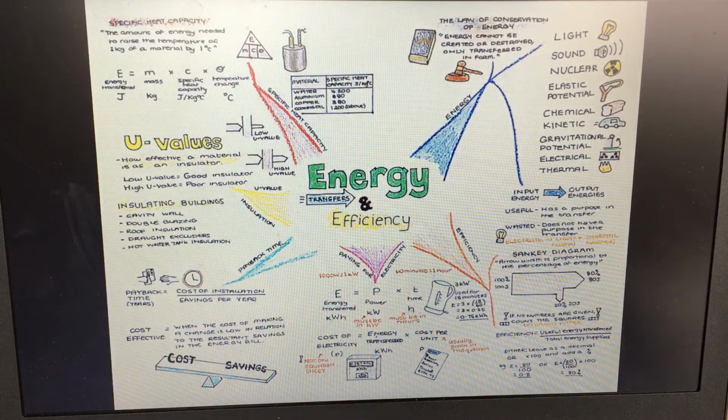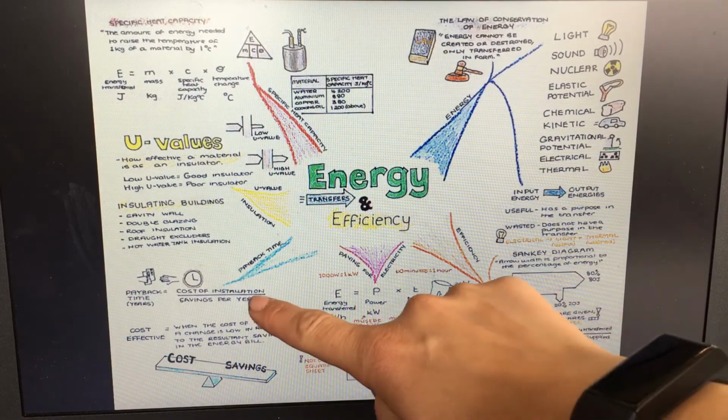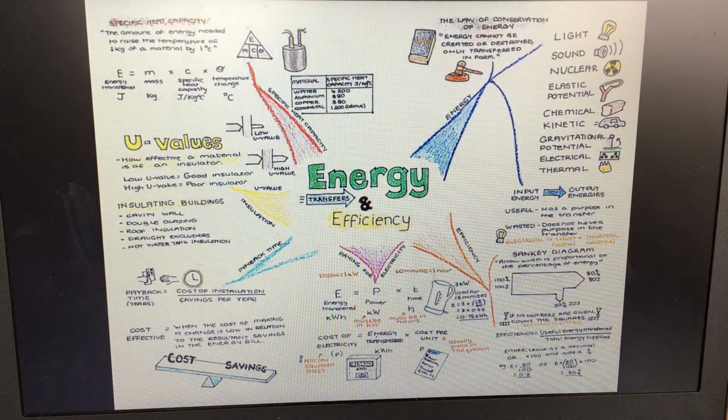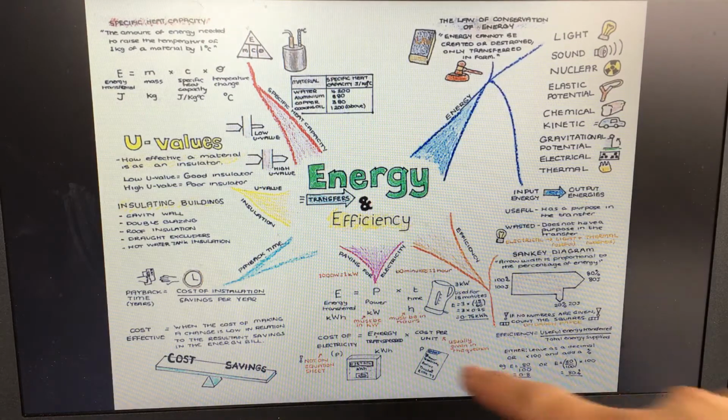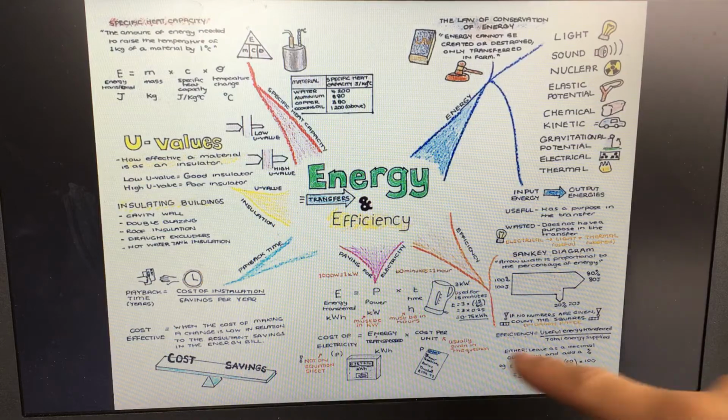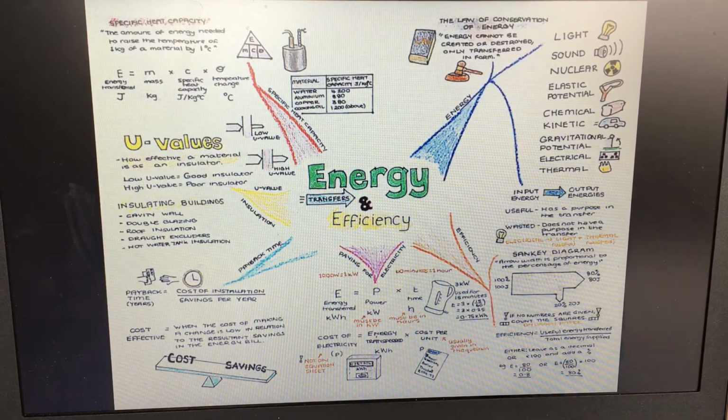Now, they then tend to relate this to cost of electricity. This formula isn't on the formula sheet, neither is this one, by the way. So you need to sort of know this. It's quite straightforward, but it's the energy transferred times the cost per unit of electricity. That's usually given to you in the question because it changes. Energy companies change their mind weekly about what they want to charge you.